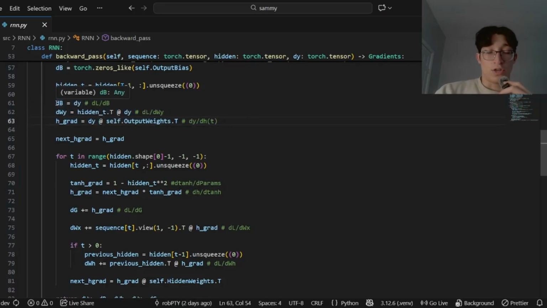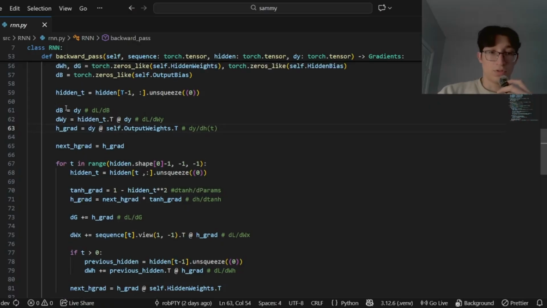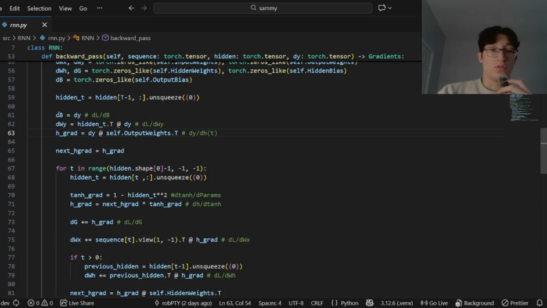So as we saw earlier in the drawings, the partial derivative of the loss with respect to the output bias is actually just equal to dy times 1. Dy in this case is just yi minus y. We can also calculate the partial of the loss with respect to the output weights very easily by just taking the hidden state at time t times the difference in y.